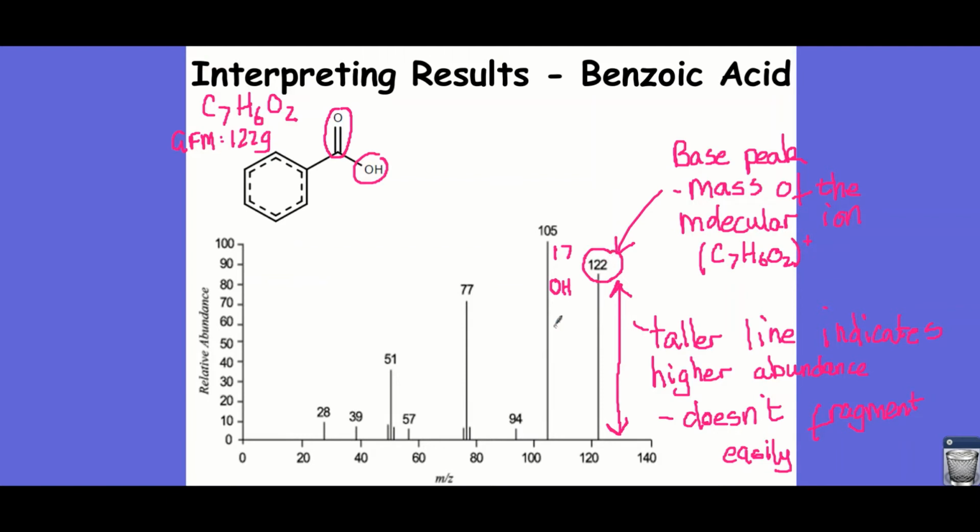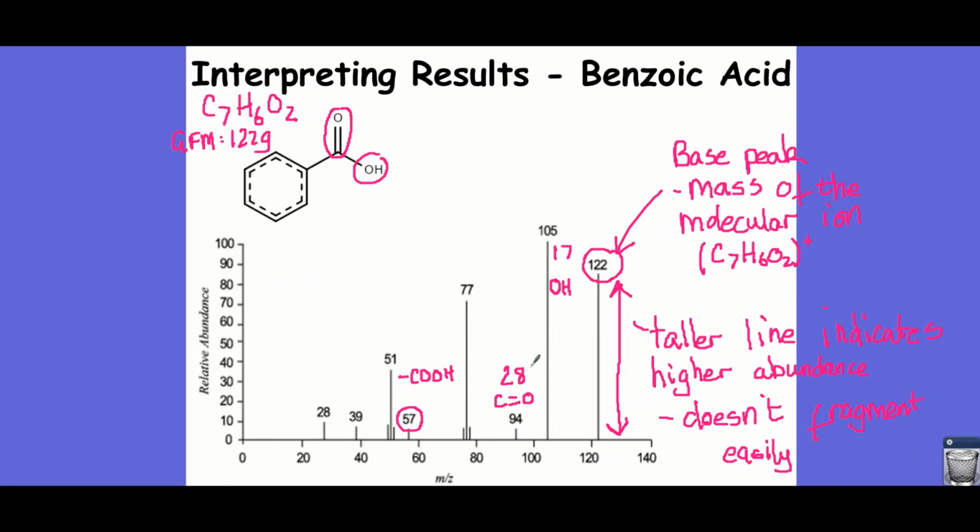94 to 122 is a mass of 28. Our carbonyl group has a mass of 28, so that's probably indicating this. 57 down here would indicate your carboxyl group.